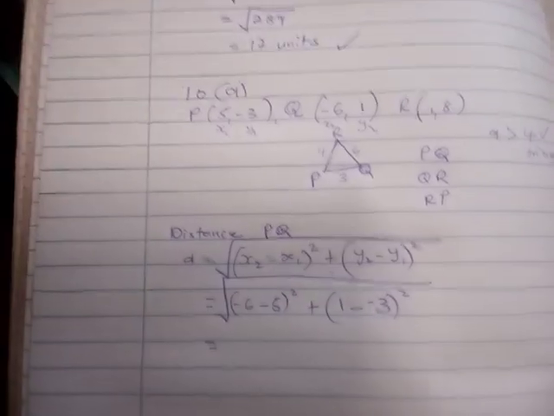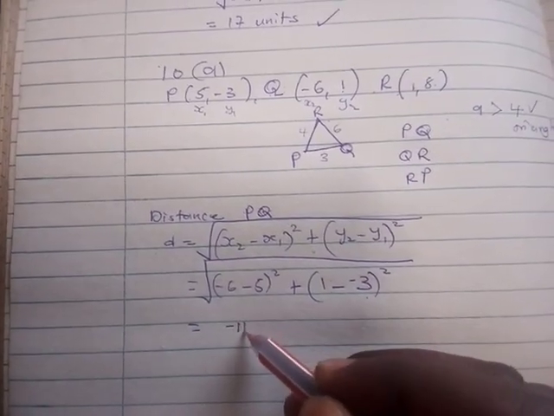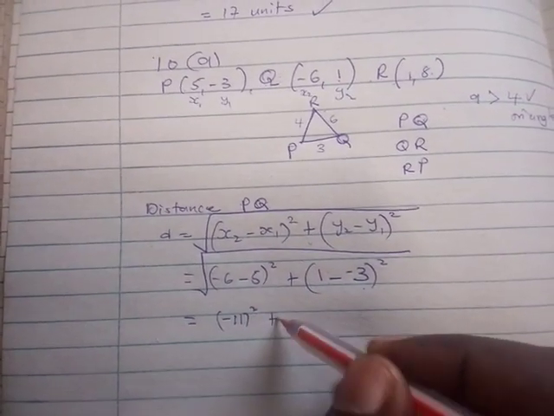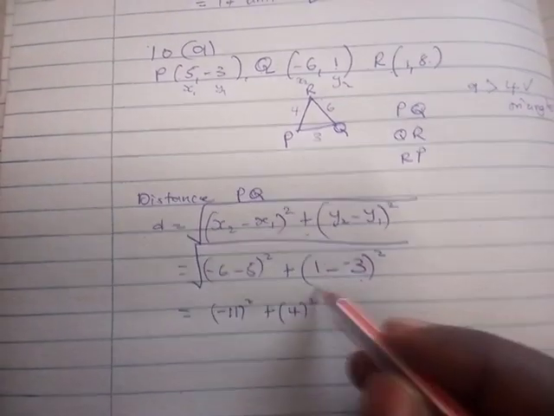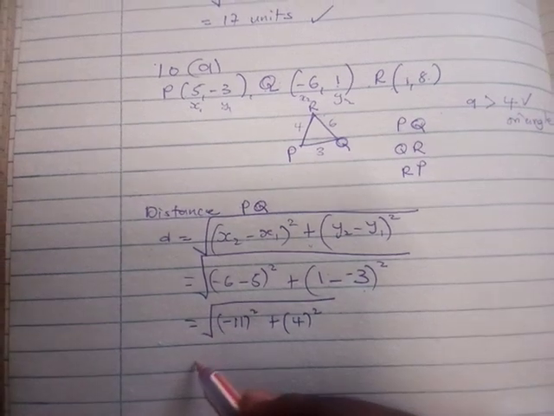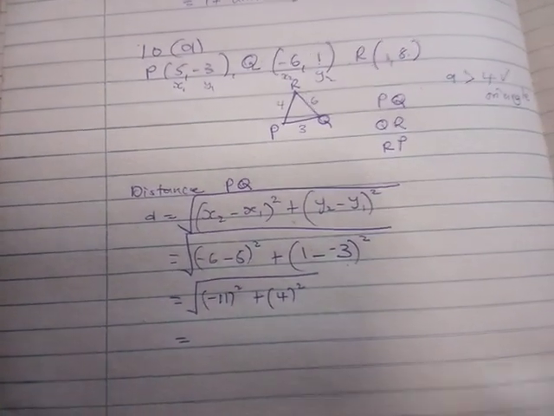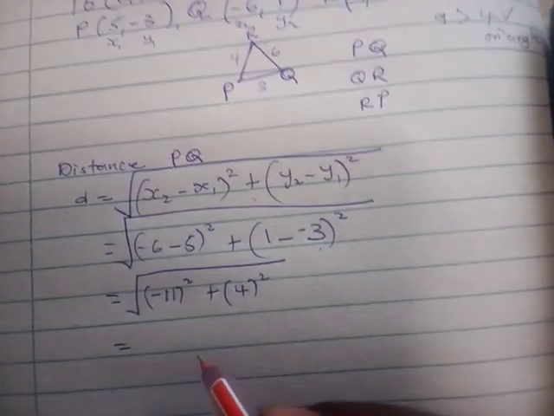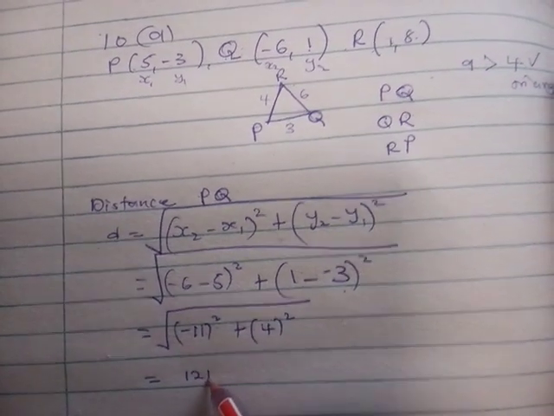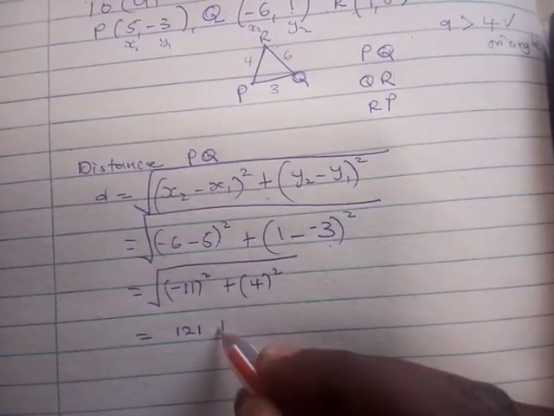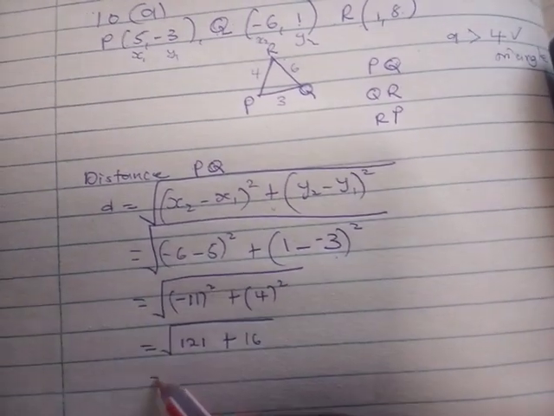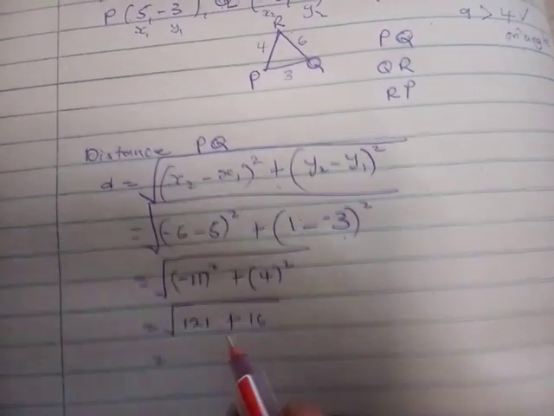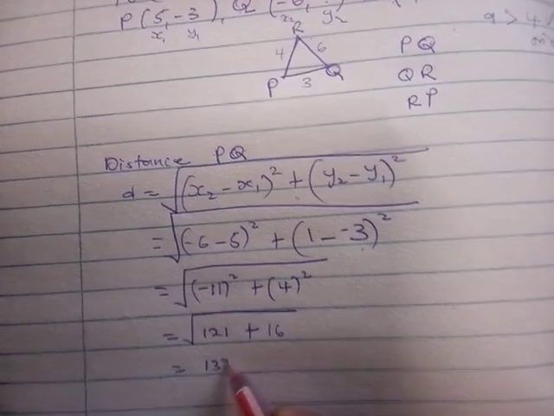This gives us minus 11 squared plus, this becomes plus, 4 squared, under a root. What is 11 squared? 11 squared is 121, plus 16, under a root. So we get root 137.